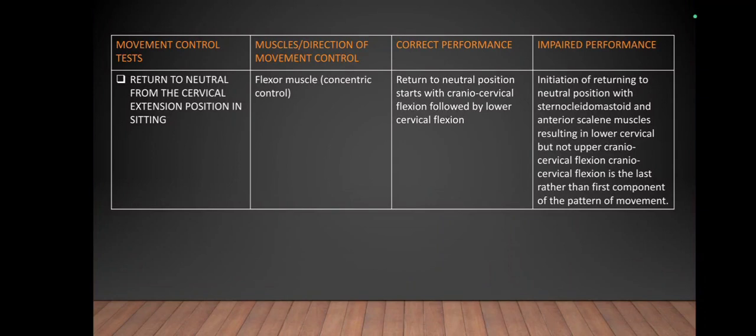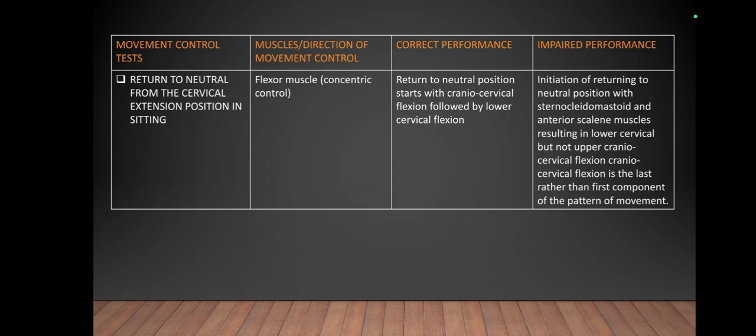Movement control test. Return to neutral from the cervical extension position in sitting. Muscle or direction of movement control: flexor muscle, concentric control. Correct performance. Return to neutral position starts with craniocervical flexion followed by lower cervical flexion.